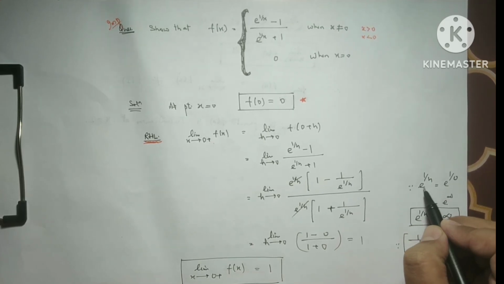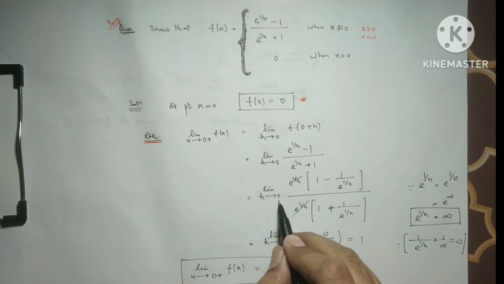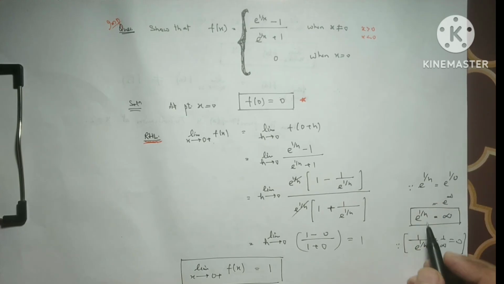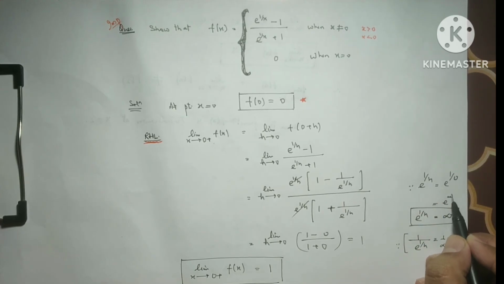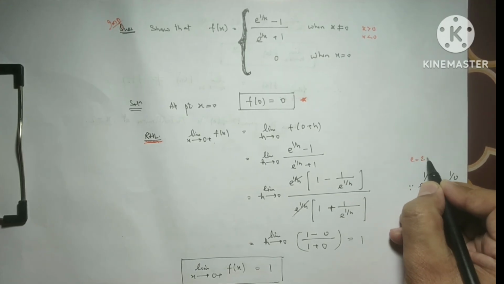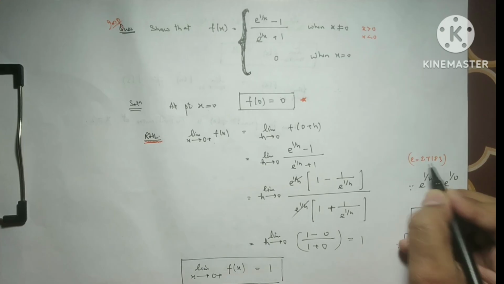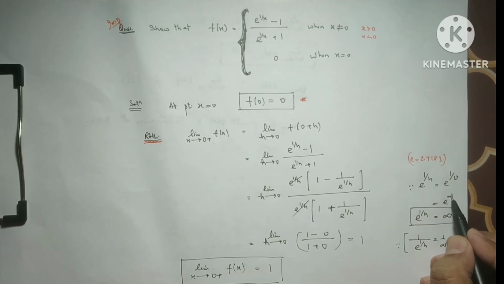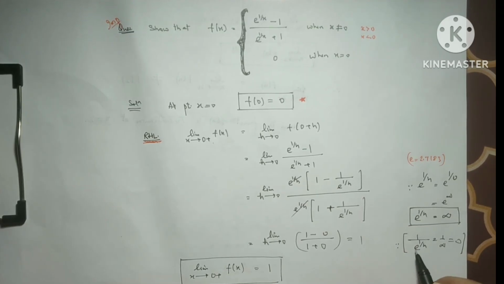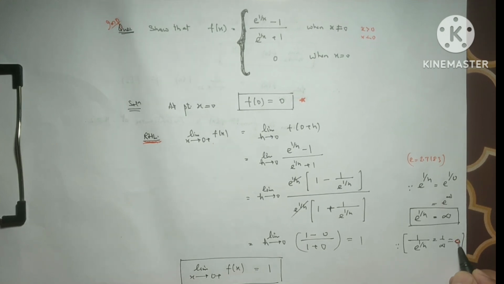And according to this, e to the power 1 over h, and h tends to 0, so e to the power 1 over 0, and this is not defined, or you can say infinity, and the value of e is 2.7183, and when it has power infinity, its value is infinite. So e to the power 1 over h is infinity, and 1 over e to the power 1 over h is 1 over infinity, so we get 0.